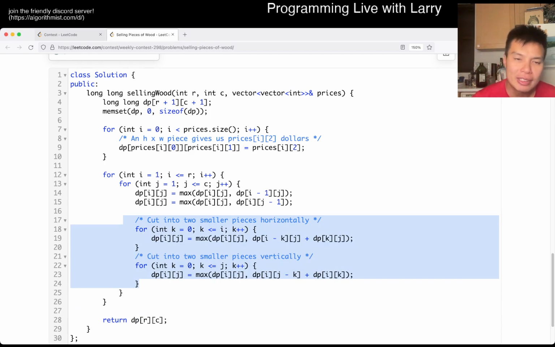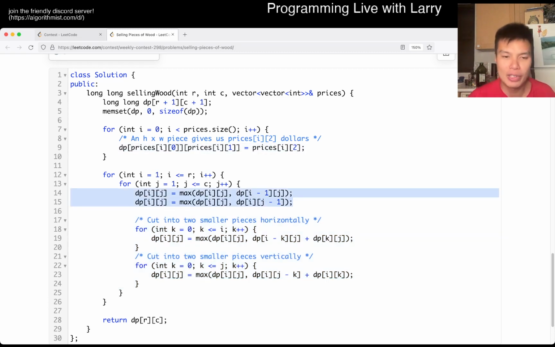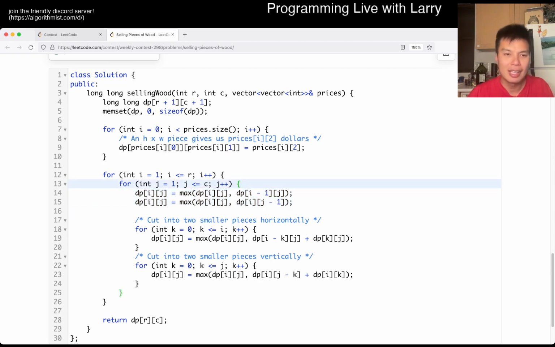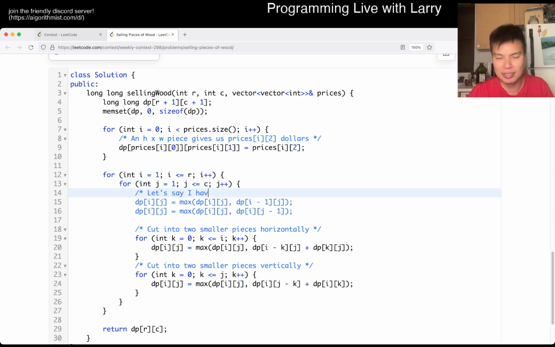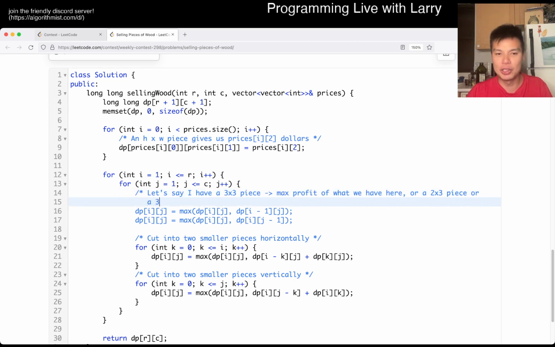And so the way that I expand this part into bigger pieces is by doing this. Basically saying, okay, let's say I have a 3 by 3 piece. Then that is just the max profit of what we have here, or a 2 by 3 piece, or a 3 by 2 piece, right?